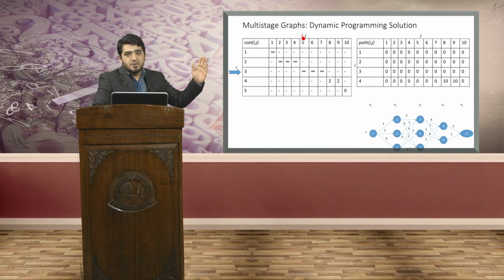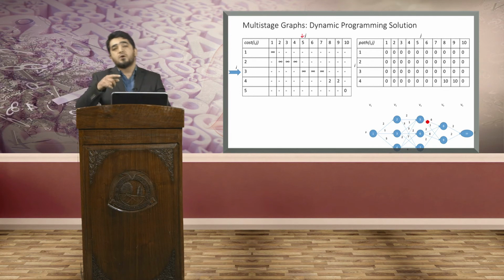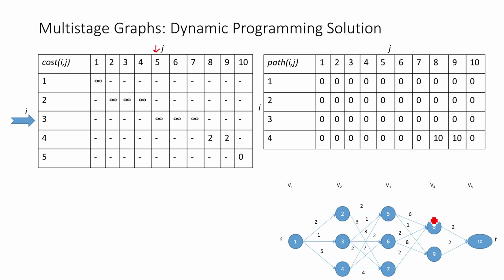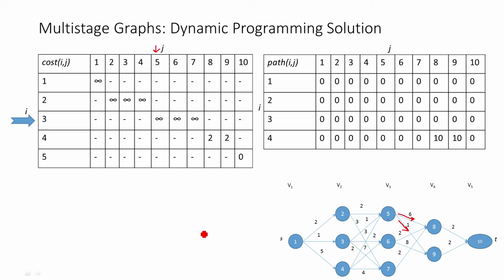The cost of selecting node number 5 in stage number 3 is simply equal to the minimum of 6 plus cost of selecting node number 8 in stage number 4, and 1 plus cost of selecting node number 9 in stage number 4. Now this 6 and 1 are the costs of the edges from 5 to 8 and 5 to 9, respectively. When we find the minimum, we get 3, by selecting node number 9.